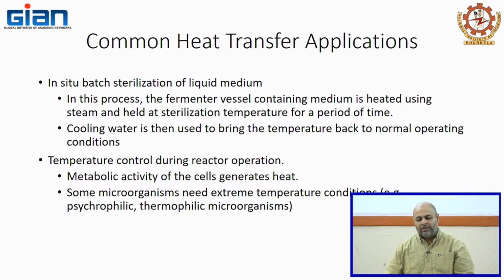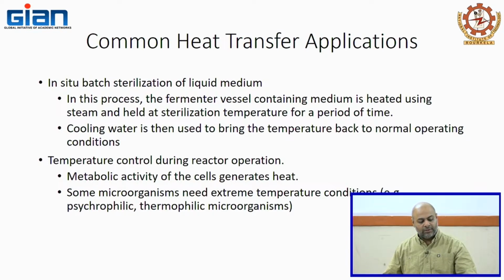So, in situ batch sterilization of liquid medium is one of the applications of heat transfer in a bioreactor in fermentation. In this process, the fermenter vessel containing medium is heated using steam and held at sterilization temperature for a period of time. It is just like pasteurization.